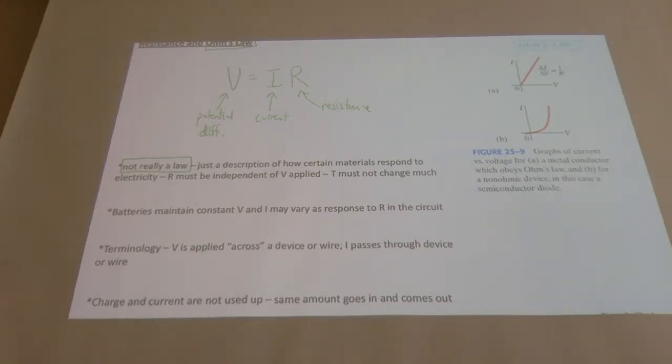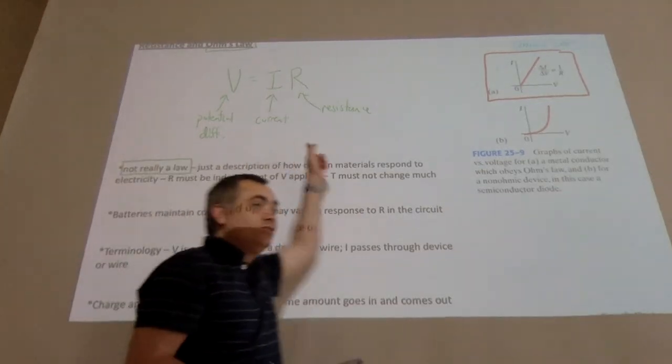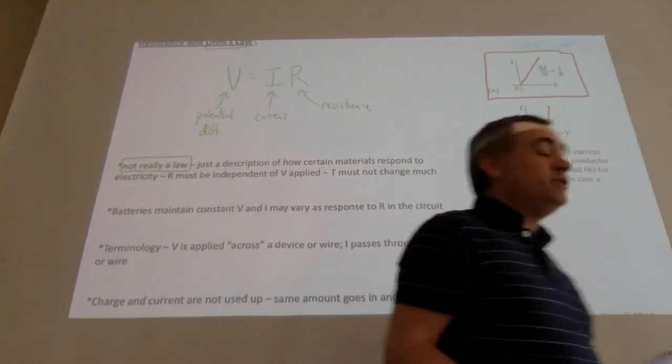So let's see. We were dealing with Ohm's law, which we just barely introduced. And we said it's not really a law. It's just how some materials behave. If something is what we call ohmic, if it obeys Ohm's law, it should respond with a graph that looks kind of like this, meaning I should have a linear graph because I have a linear equation.